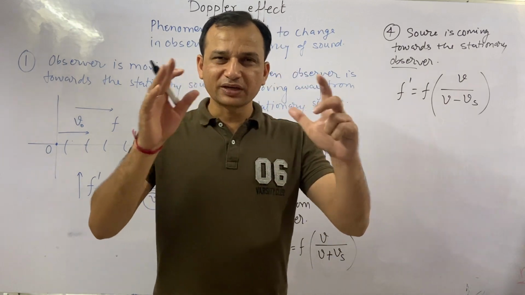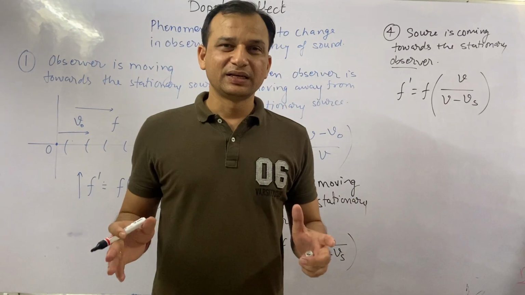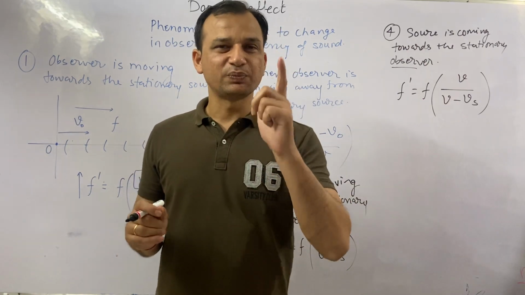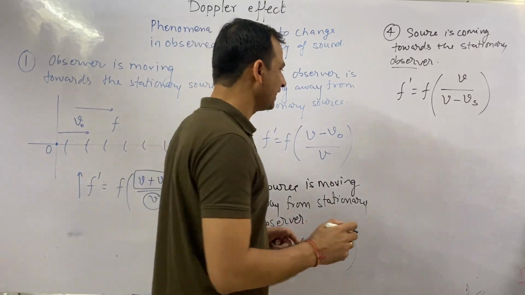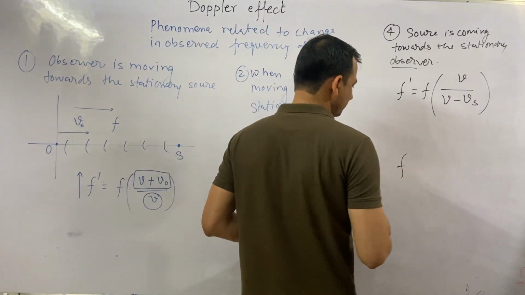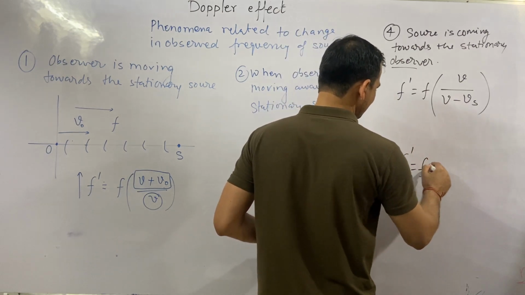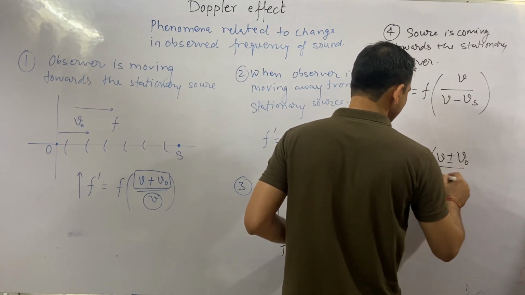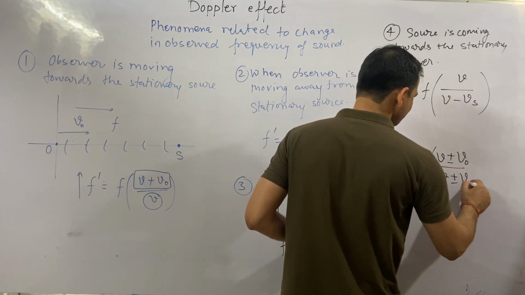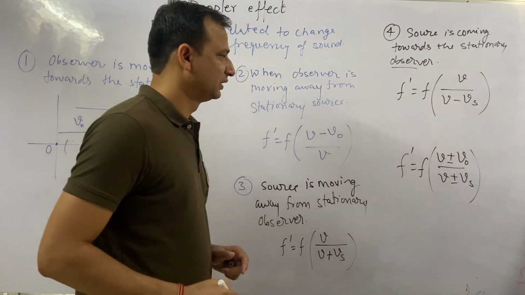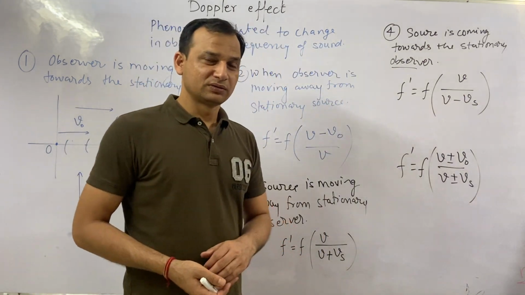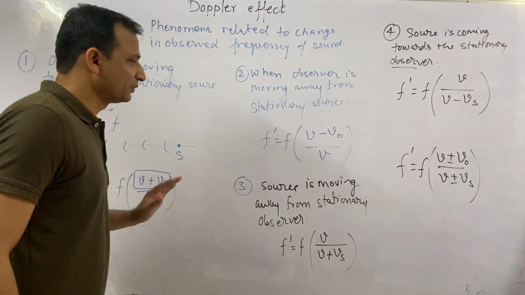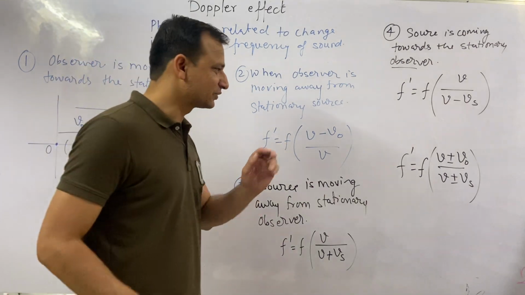Now this may be looking a little bit complicated. Let me combine all these formulae in one simple formula, and we can write the compact formula f' is equal to f (v ± v0) divided by (v ± vs). Now this may be looking even more complicated because earlier ones were simple, but no, it's quite easy once you understand.